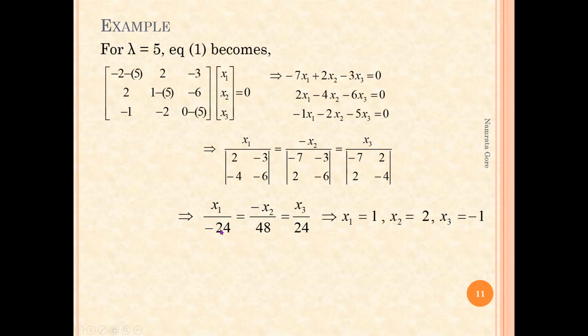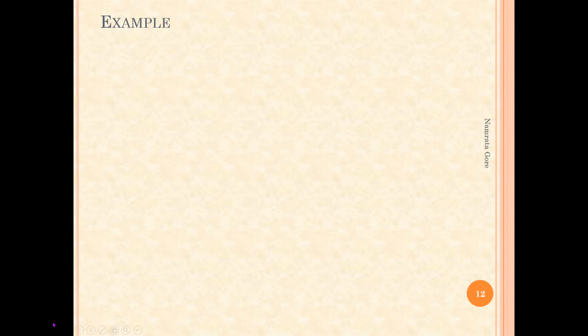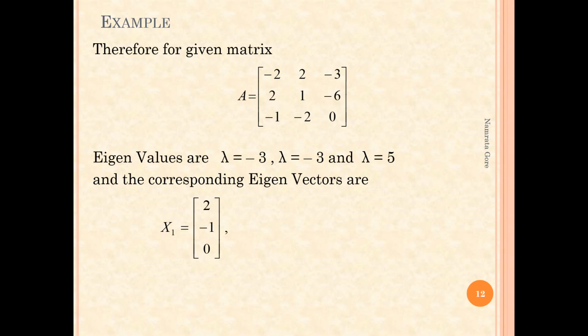So the corresponding eigenvector for the eigenvalue lambda equal to 5 comes out to be (1, 2, -1). So for the matrix A, I am getting eigenvalues lambda equal to -3, -3 and 5, and the corresponding eigenvectors are (2, -1, 0), (3, 0, 1) and (1, 2, -1).